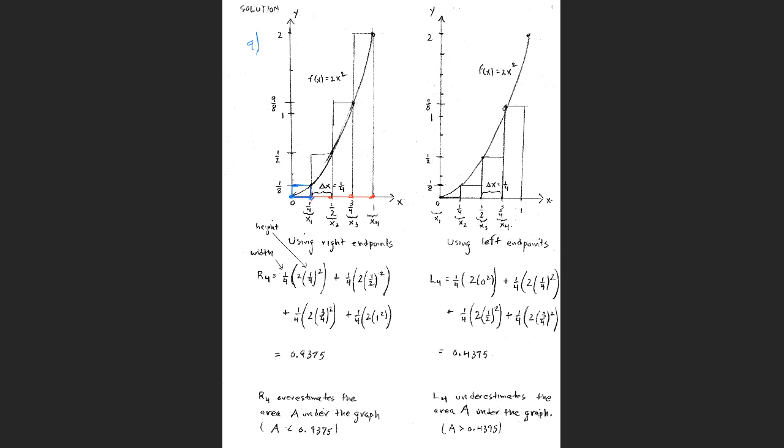So I draw the rectangle. I want to say this the right way. When x is a fourth, the value of the function at x equals a fourth, which would be 2 times 1/4 squared, which is an eighth, that determines the height of the rectangle.